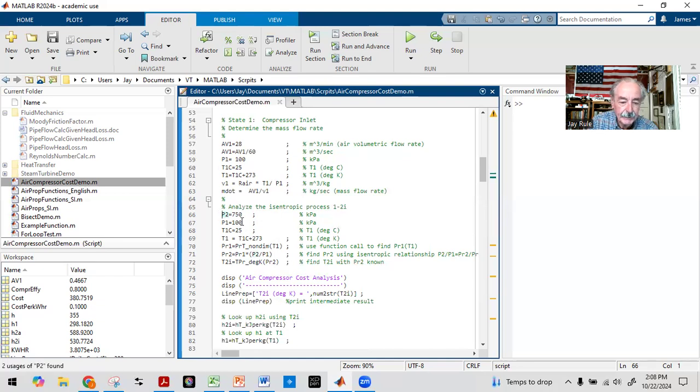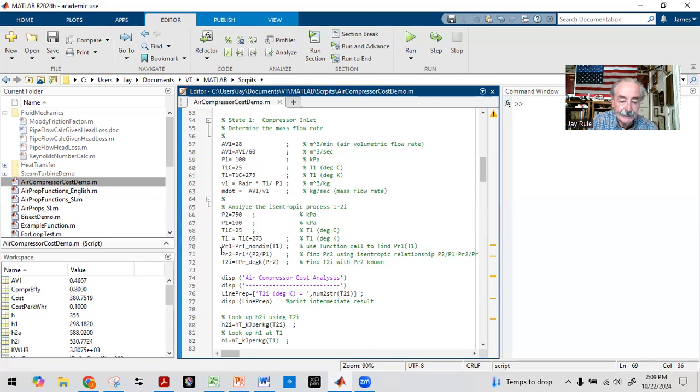I've got P1 is 100 kPa and P2 is 750 kPa. T1C, oh, I see that now I am repeating my temperature here. That's not necessarily very good practice, but I see that I have done that. So I'm repeating T1, in absolute temperature, is T1 in degrees C.